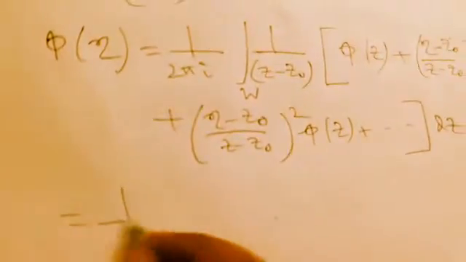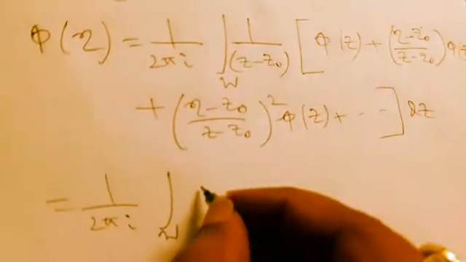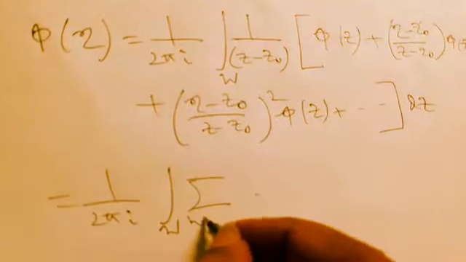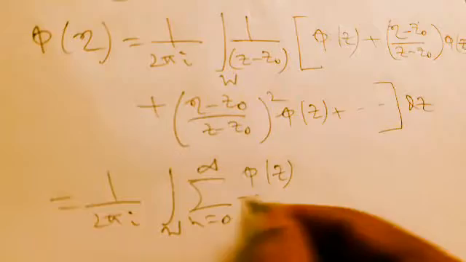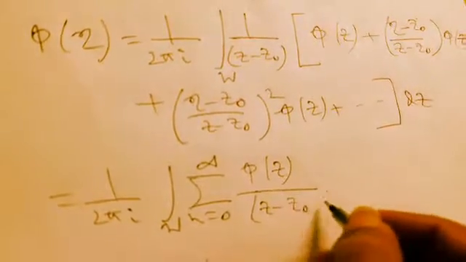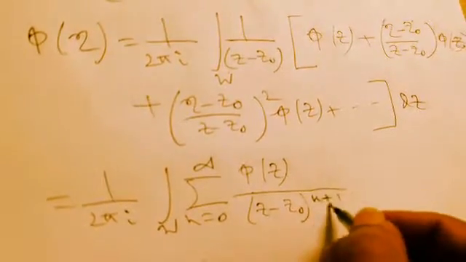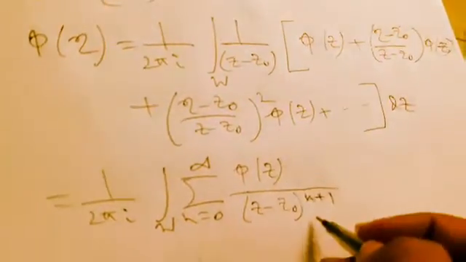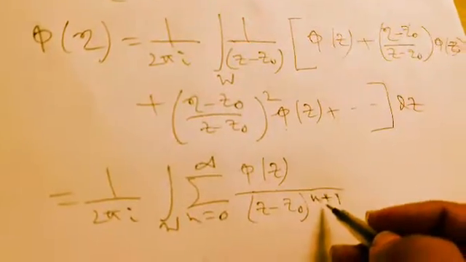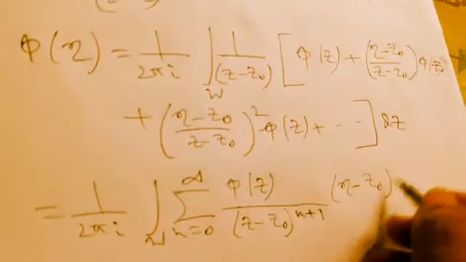And certainly this will be 1 by twice pi i contour over omega of the summation n equals 0 to infinity of phi z by z minus z0 whole to the power n plus 1 times the summation n equals 0 to infinity of eta minus z0 whole to the power n dz. It is clear that from these two products we get n plus 1 as the highest power.